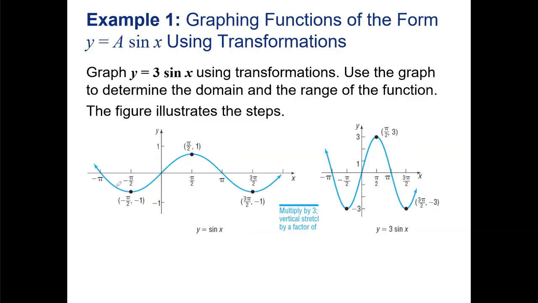So the domain says you can keep going and doing this little squiggle, keep repeating this sine behavior all the way to the end of the number line, and there is no end, so we call that negative infinity to infinity. So that would be our domain.